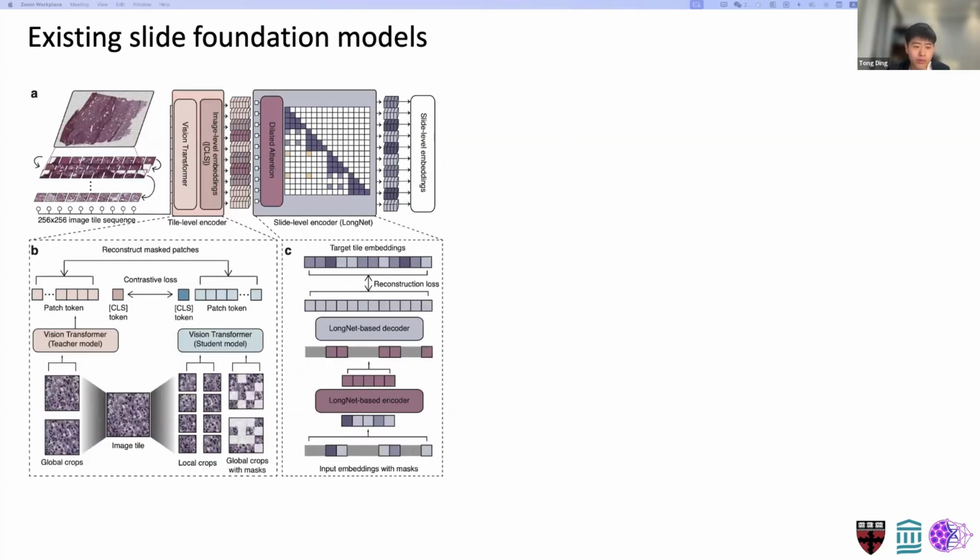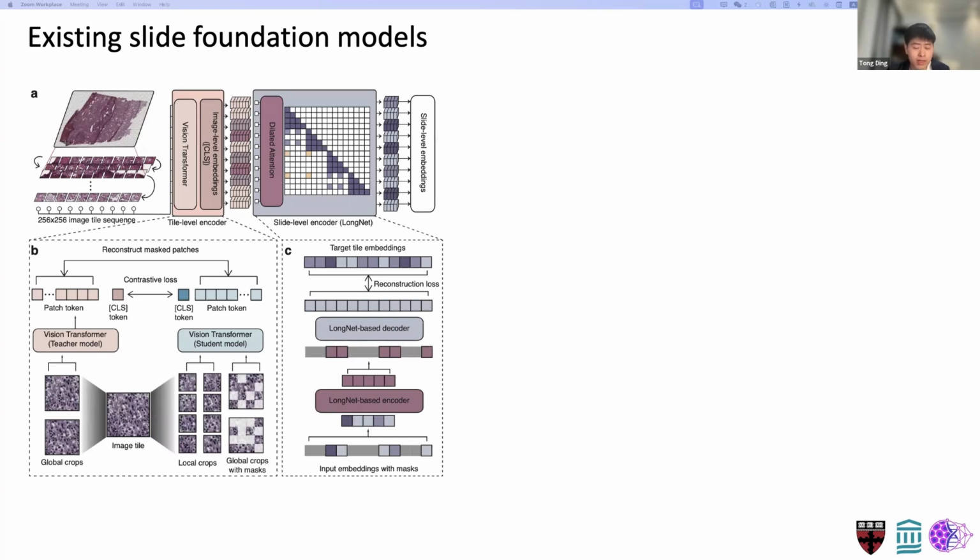There are a couple of existing pre-trained slide foundation models. The first one is GigaPath, published in Nature about half a year ago, which uses a masked autoencoder to pre-train this slide encoder. Specifically, during pre-training, the model predicts the masked input tokens. Such training methods focus on local information without training the global CLS token.